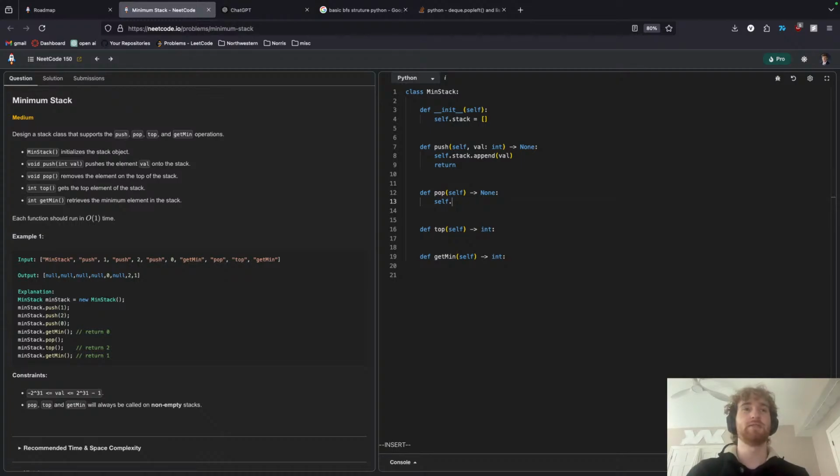I feel like I'm cheating if I just use the push and pop stuff, but what am I supposed to do? Oh, get min.